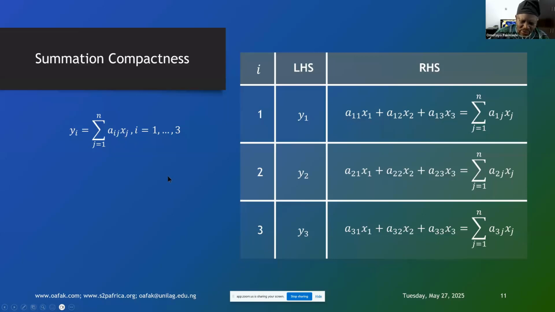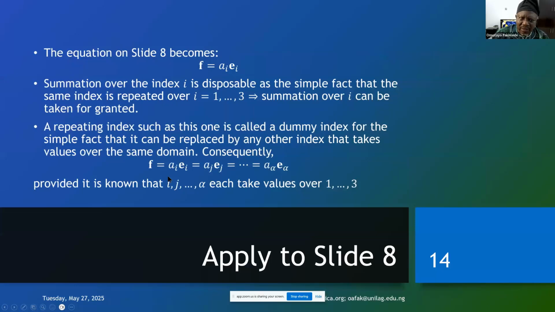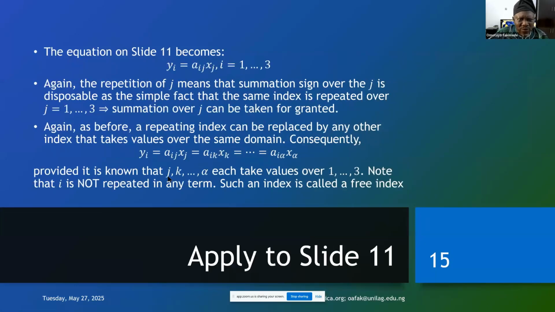So when you come back to our current slide, what we see here is that yi is equal to aij xj, and i goes from 1 to 3. j will also go from 1 to 3, but it is the sum here. Again, the repetition of j shows that the summation sign over j is disposable, as the simple fact that the same index is repeated over j equal to 1 to 3. Summation over j can be taken for granted.